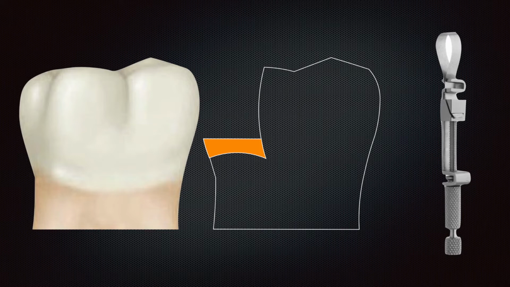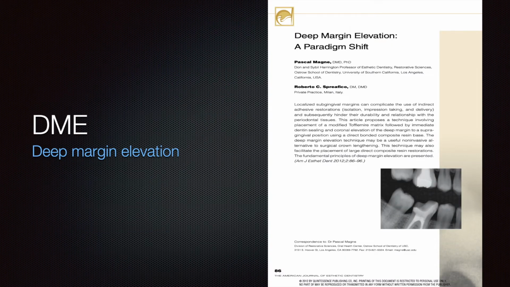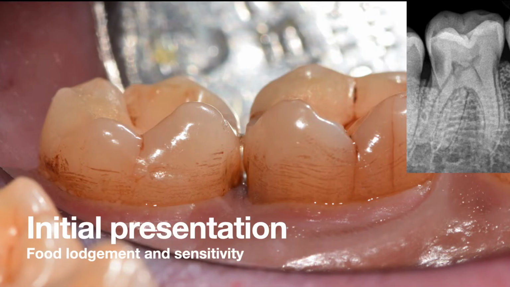In such cases, we go ahead with a hybrid approach, in which I use a Tofflemire retainer first to do an initial buildup of 1 to 1.5 millimeters, following which I use my sectional matrices to do the rest of the buildup. This technique is popularly known as deep margin elevation, as invented by Pascal Magne. Let's see a clinical implication of this technique.